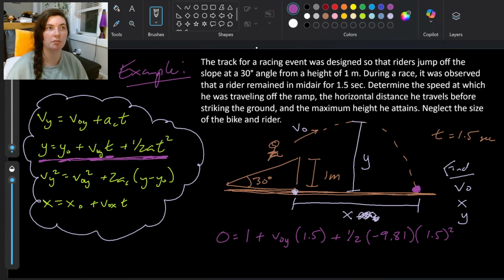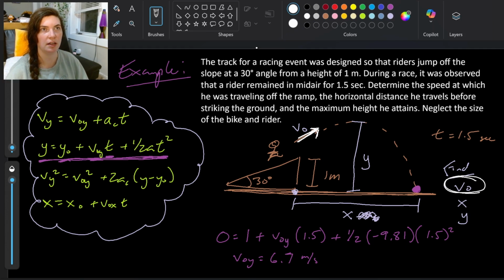Now it's just a matter of plugging this into a calculator to get our initial velocity in the y direction. I get, from my calculator, 6.7 meters per second. If I think about the velocity that I have up here, this initial velocity, I have a y component, and I want to think about how I can get this actual overall initial velocity.